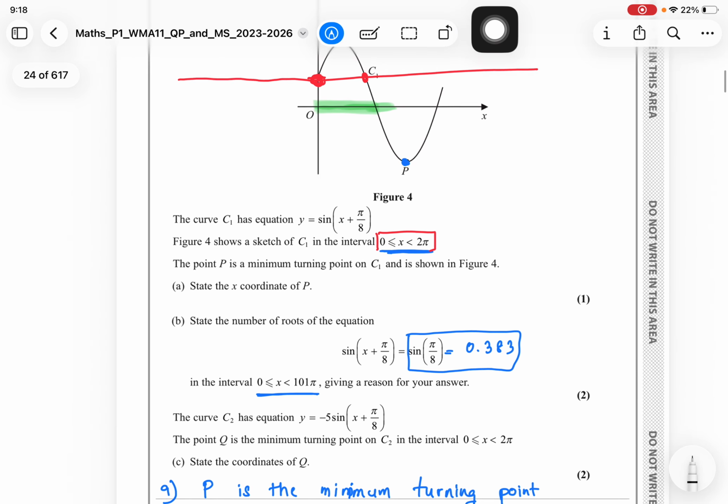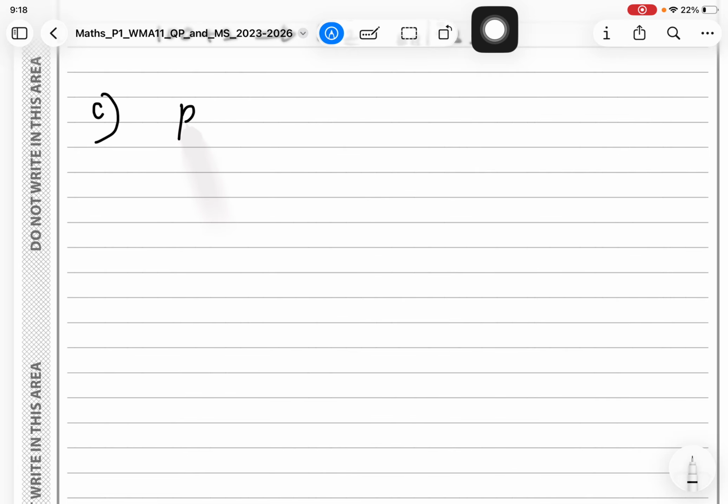So we know our initial P coordinate for section C. The P coordinate was 3 pi divided by 8 comma negative 1. In such a case, Q will also have that x value.